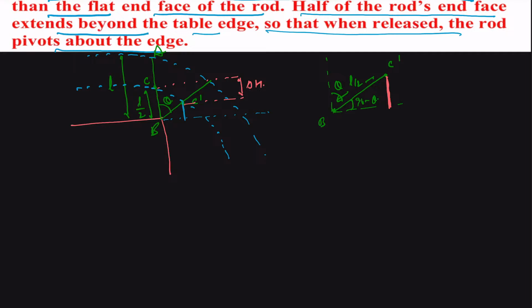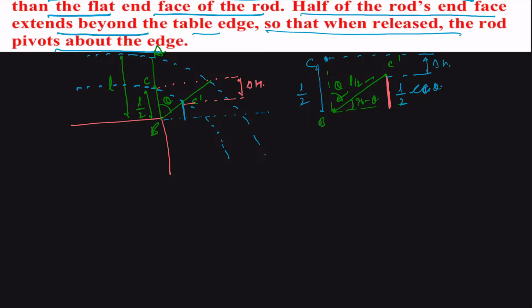Our initial position of C, and if we extend this, we call this delta of H. The center of mass length is L by 2, so this length will be L by 2, and this angle is 90 minus theta, so we can say this will be L by 2 cos of theta.